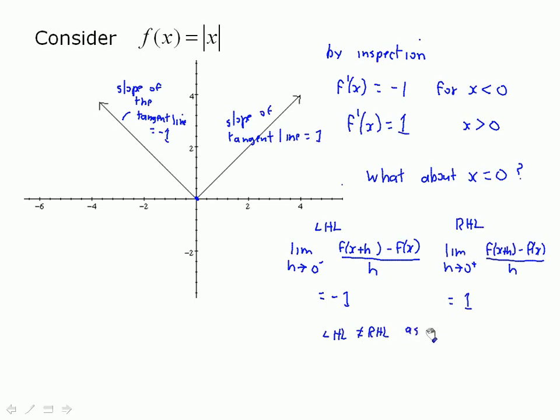as x gets closer and closer to 0. Actually, I'll say as h approaches 0, which is more accurate in terms of h. So therefore, non-differentiable at x equal to 0.